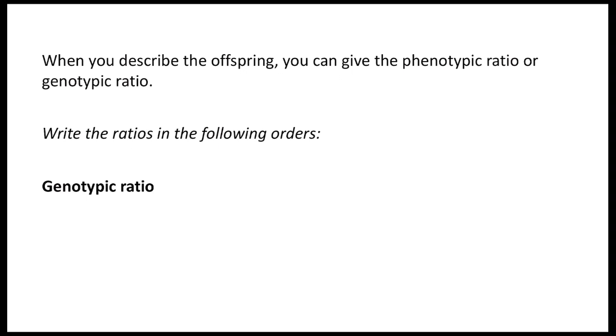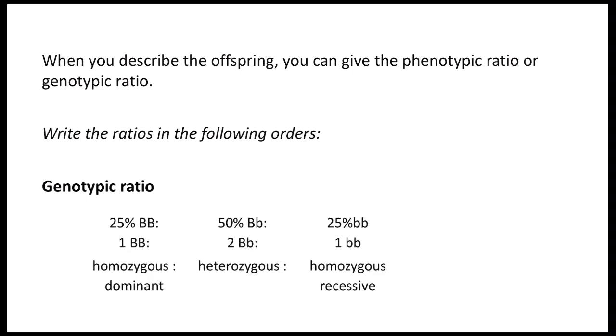So we always write the dominant first, followed by the heterozygous, followed by the recessive, in that particular order. So for this example, let's do a hypothetical Punnett square. So again, homozygous dominant, heterozygous, then homozygous recessive.